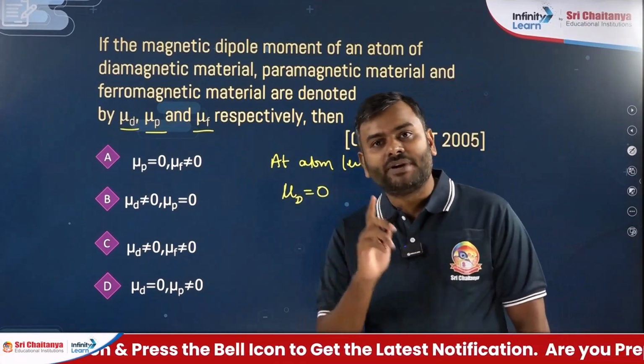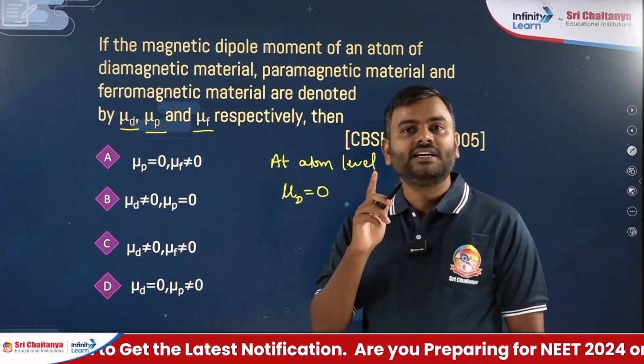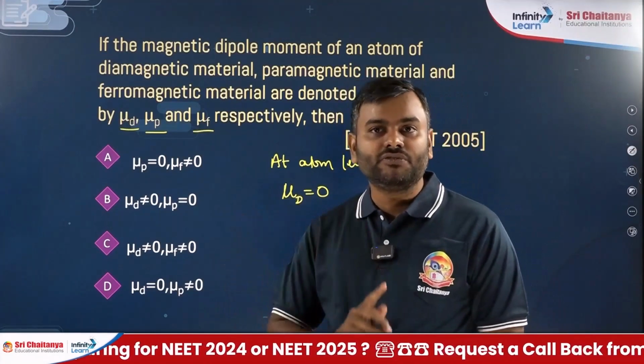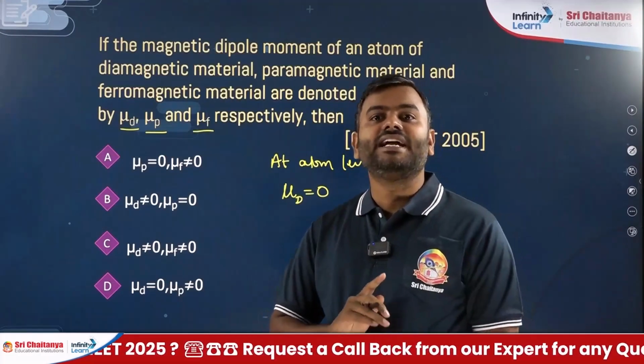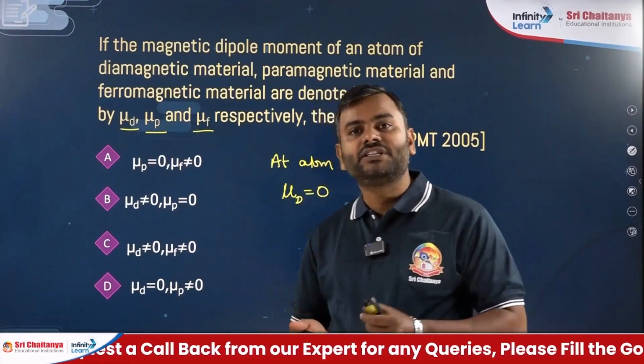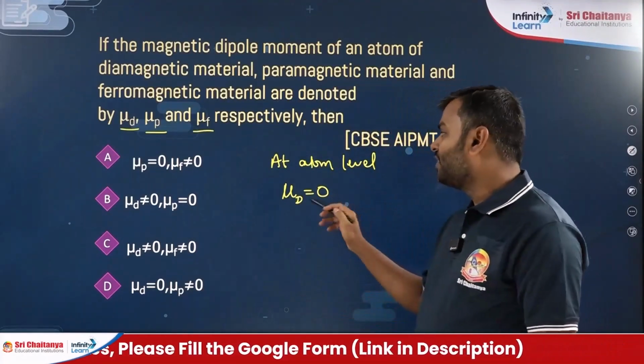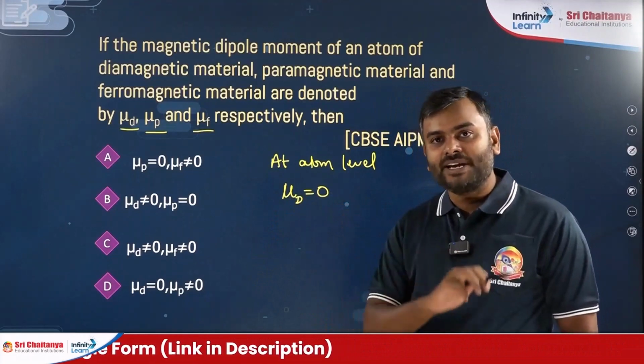Why? Because diamagnetic behavior is shown by substances which have paired electrons, and when we have paired electrons, one electron moves clockwise and the second moves anti-clockwise, because of which the net dipole moment they generate is 0.